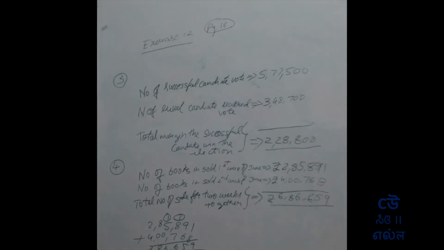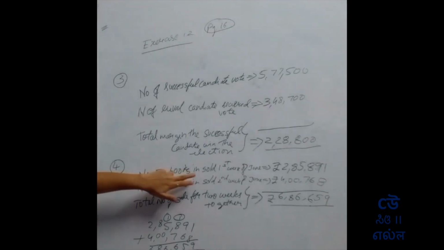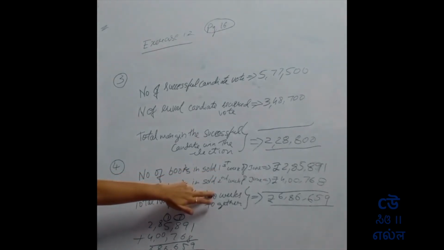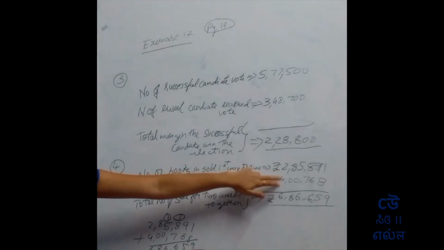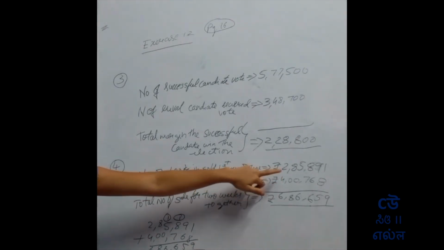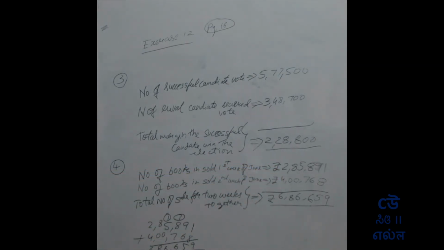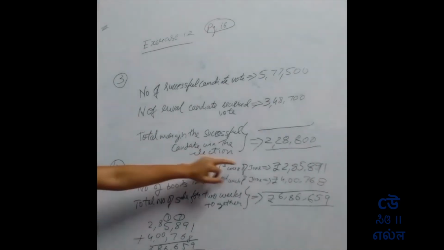Okay. The next sub question, what did they ask? In which week was the sale greater? In the first week and second week, which week was the sale greater? See, in these two numbers, which number is greater? 2,85,891 or 4,00,768?